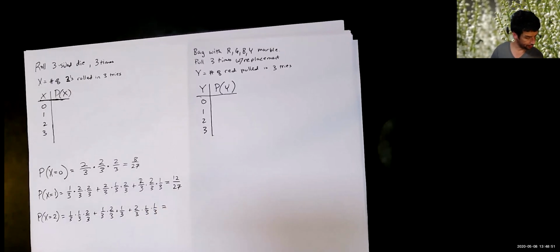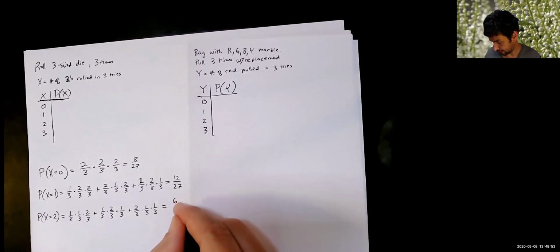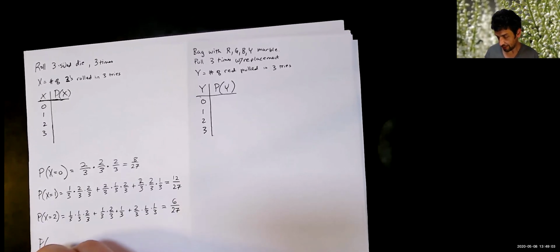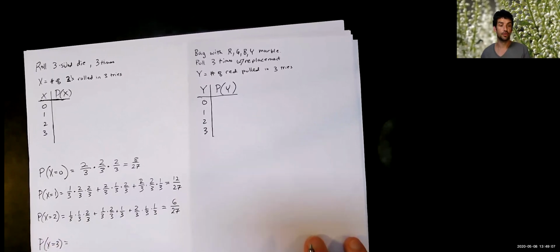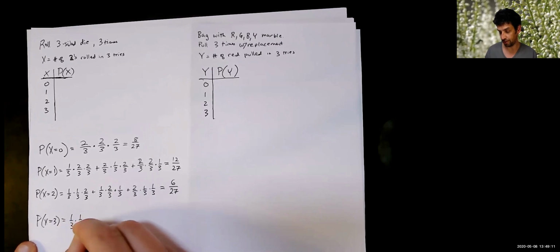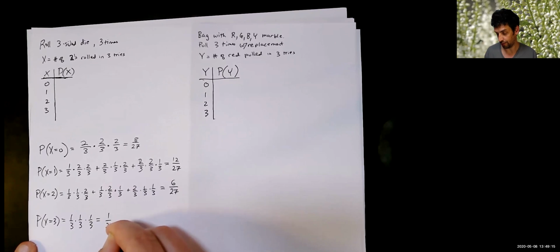And this one works out to be 6 out of 27, right? There's 2 out of 27 here, 2 out of 27 here, 2 out of 27 here, total of 6 out of 27. And then finally, what's the probability of all 3 times rolling the number 2? Well, a third of a chance the first time times a third of the chance the second time times a third of the chance the last time. It's 1 out of 27.